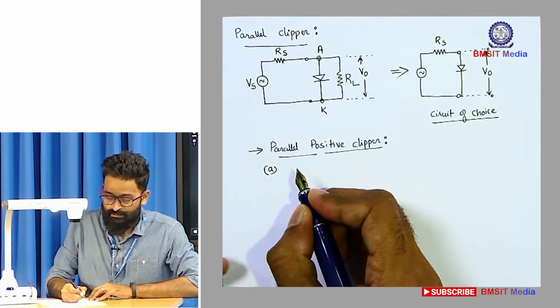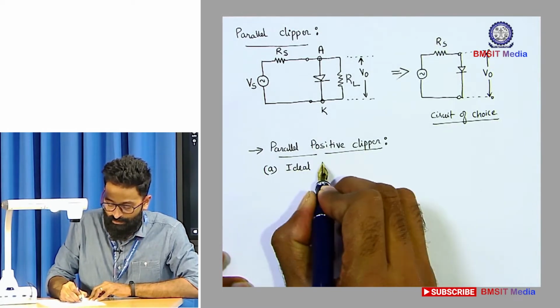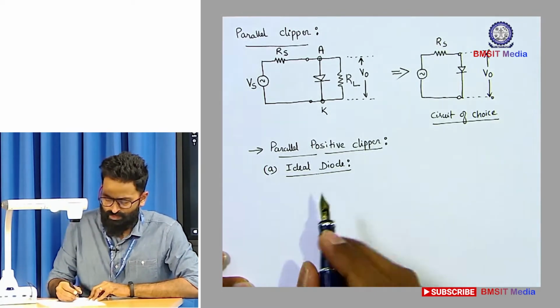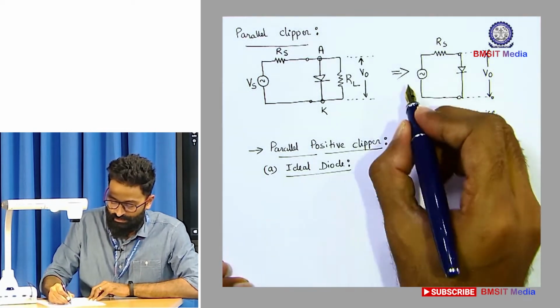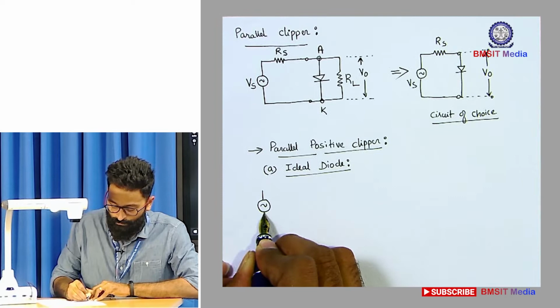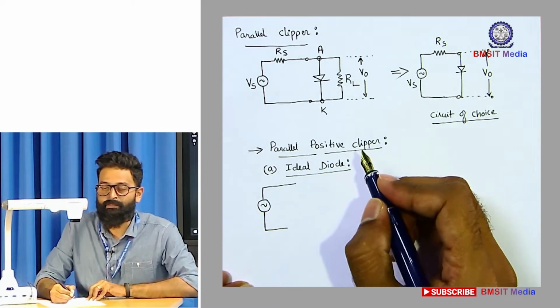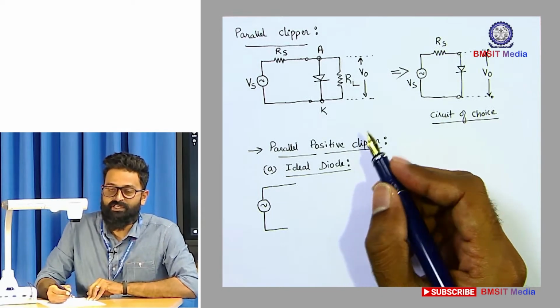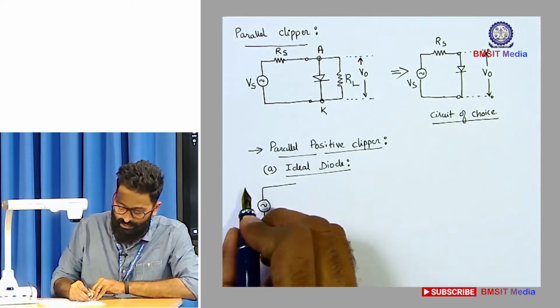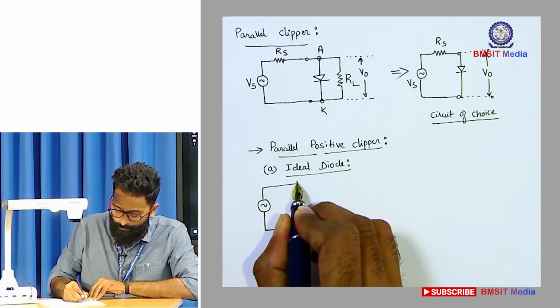First let us analyze the circuit with an ideal diode. Let me draw the circuit. What do you mean by a parallel positive clipper? A parallel positive clipper clips the positive half cycle of the input waveform.